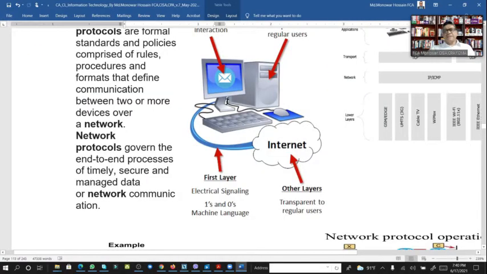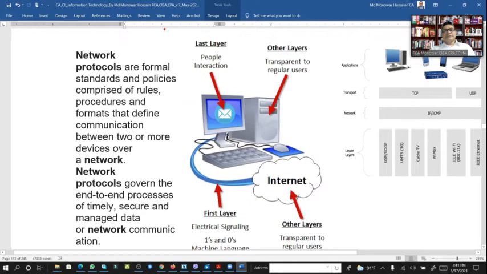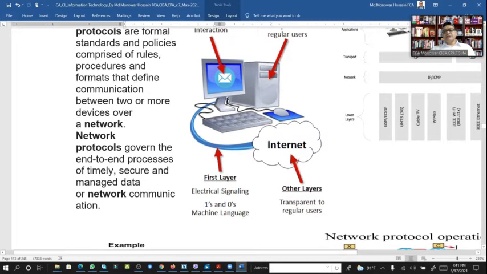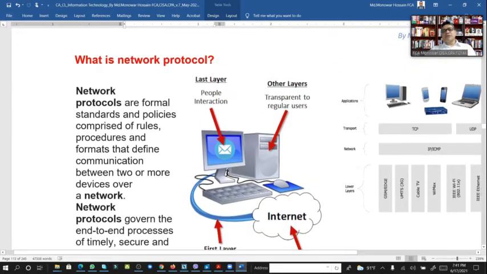In this picture, the first layer is the electrical signal, the binary 0 and 1 of machine language. The last layer is where people interact, like the mail we see in the PC, and the other layers are internet and transport for the regular user.